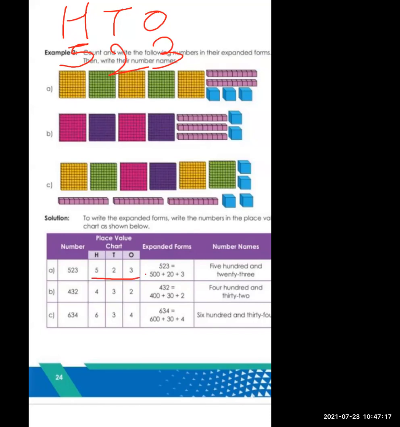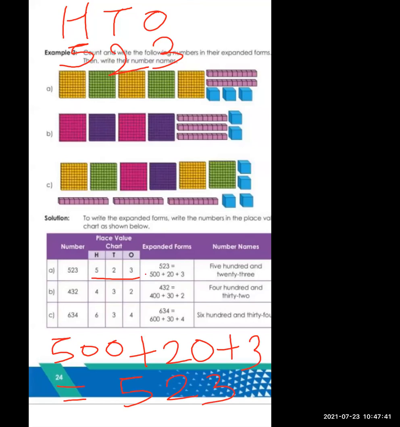How can we expand this number? 500 plus 2 tens, it means 20, plus 3. So this way we get the number 523.